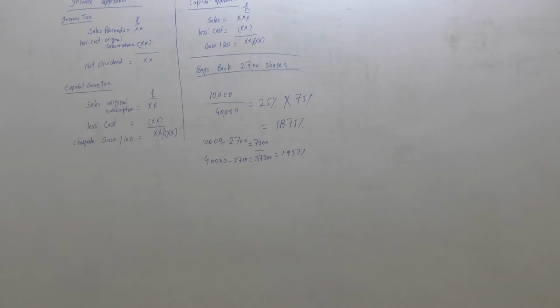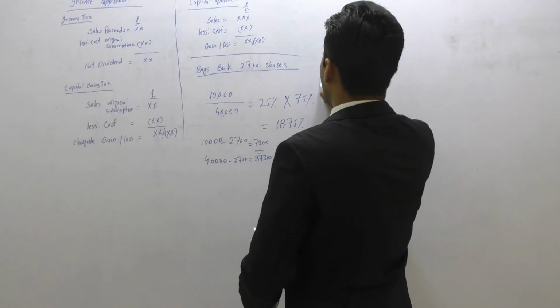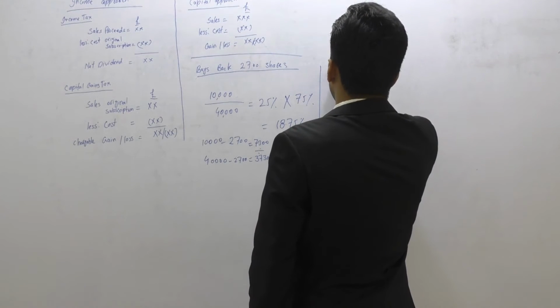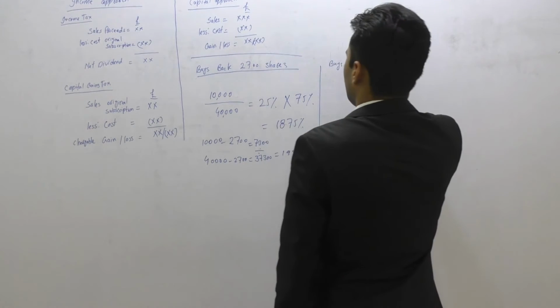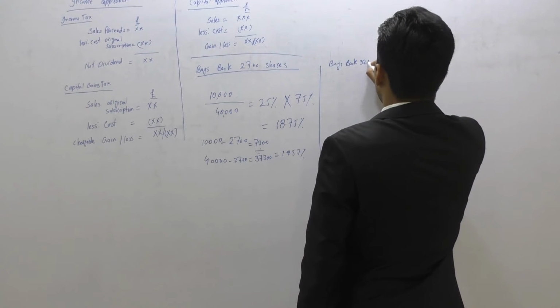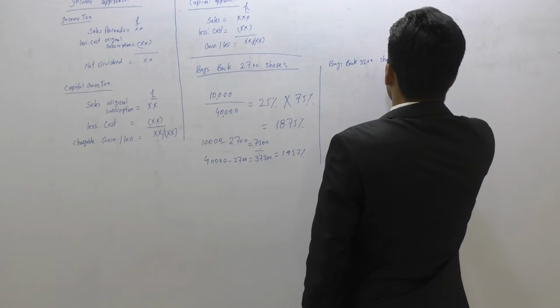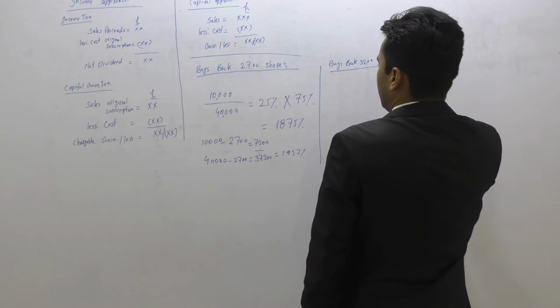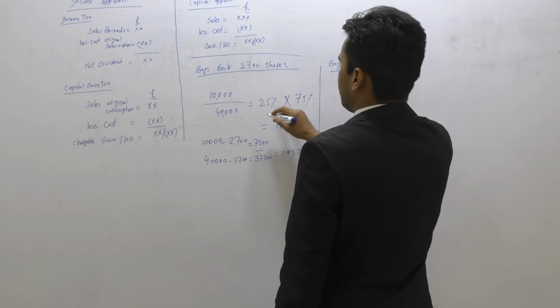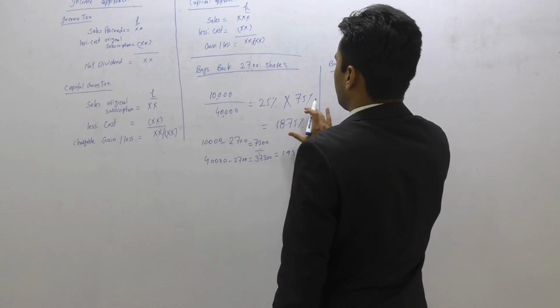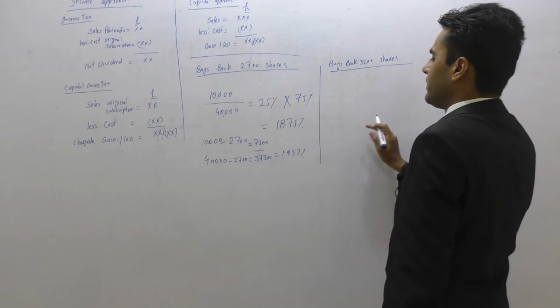Now let's see if the company buys back 3,200 shares. Her current shareholding is 25%, and it must be reduced to 18.75%.